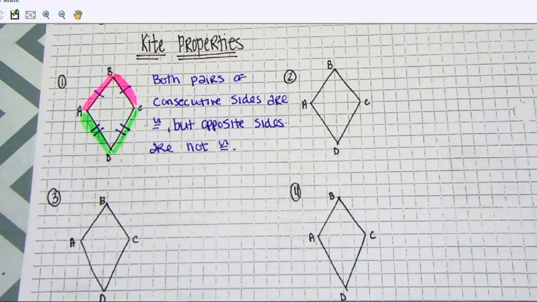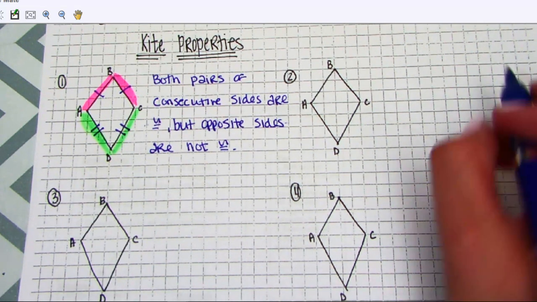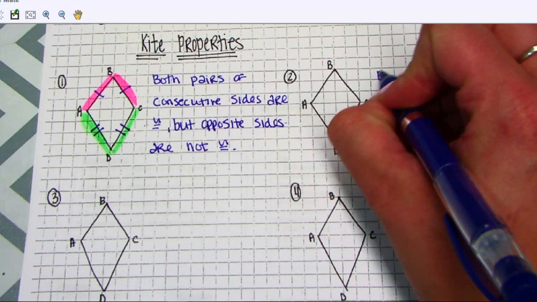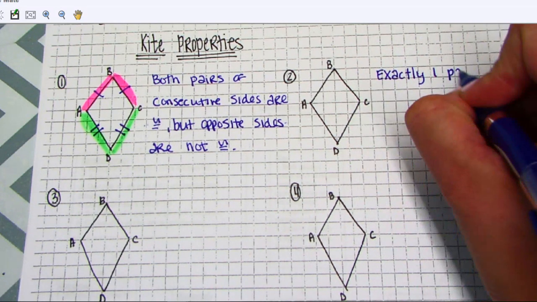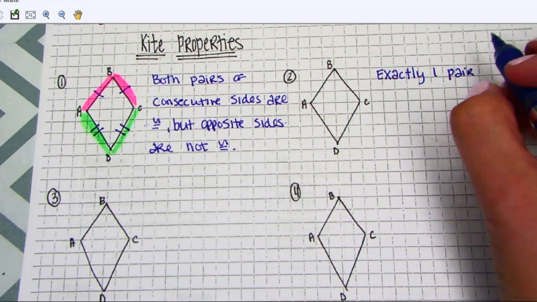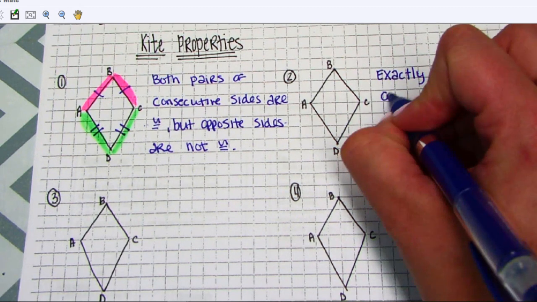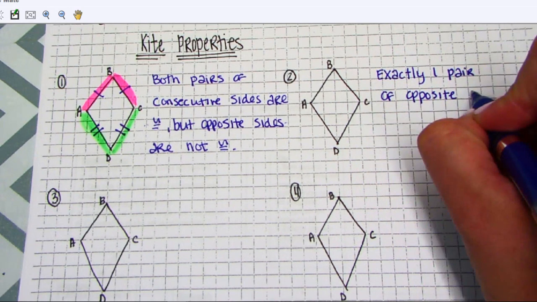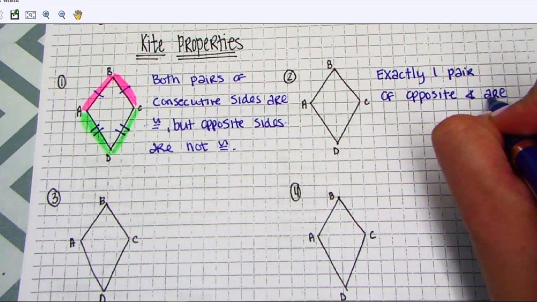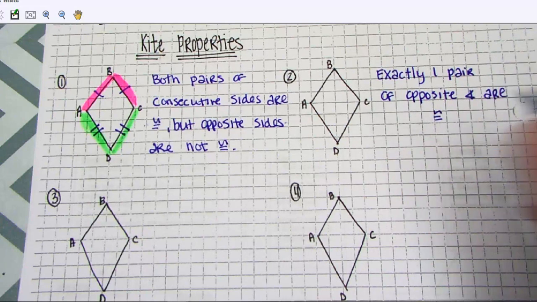Next is about the angles. So number 2, exactly 1 pair of opposite angles are congruent. And the 2 that are equal are going to be the ones that are in between the sides.